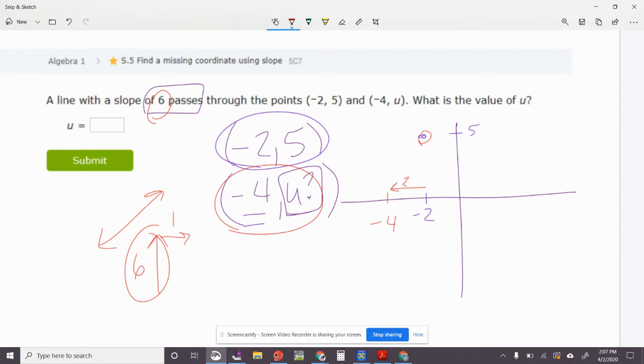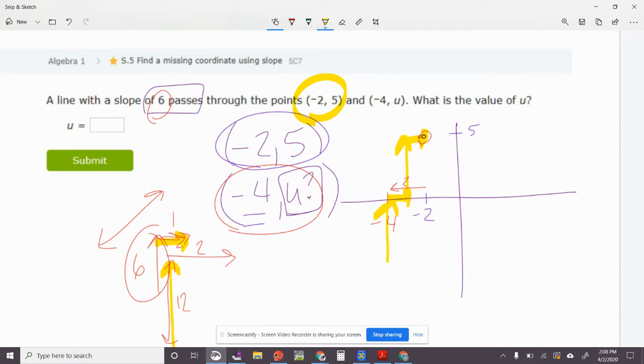If it goes over by 2, then it had to have gone up 12, because if I'm going to double the amount that it's going in the x direction, then I have to double the amount that it's going in the y direction as well, to keep that same ratio of 6 to 1. And so I know that it went up 6 over 1, up 6 over 1, and it landed at the point (-2, 5).